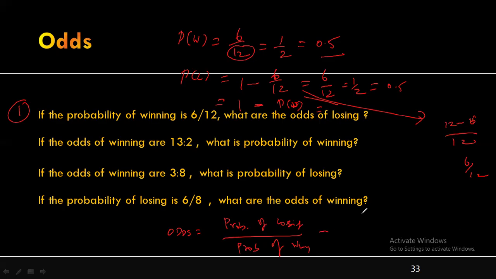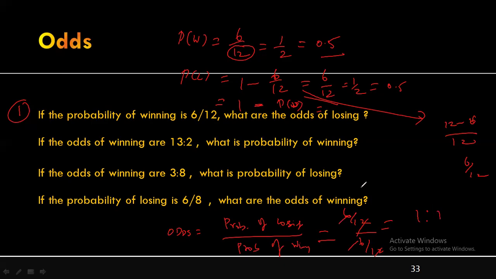Here, the probability of losing is 6 over 12, and the probability of winning is 6 over 12. This 12 gets cancelled and 6 gets in, so 1 is to 1.